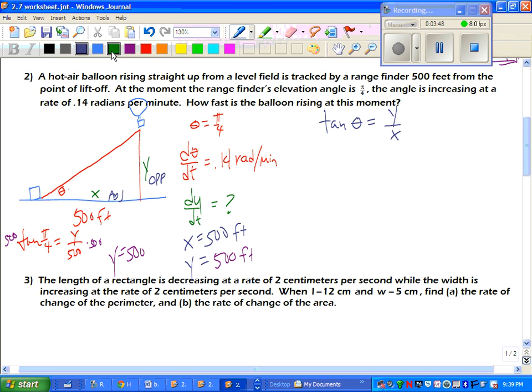One other thing that we're not seeing here is, what's dx dt? Right? Is that changing at all? Is that horizontal distance changing as that balloon moves up? We're just assuming this balloon is going straight up. So dx dt is 0. Remember in the problems that we talked about before, if the rate of change is 0, this is constant.